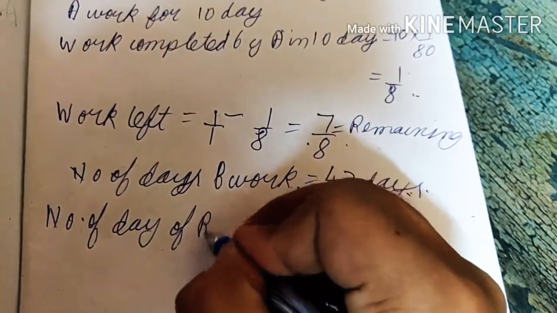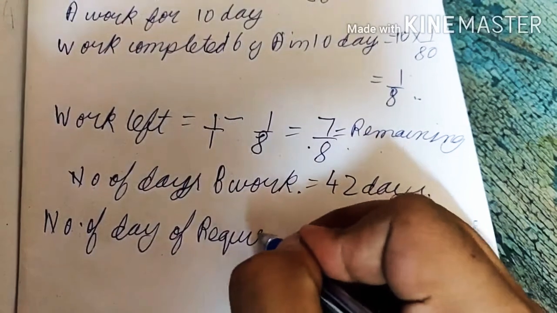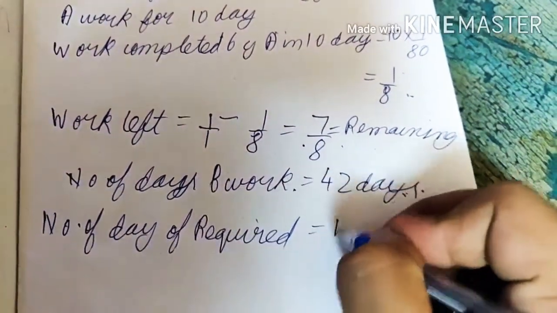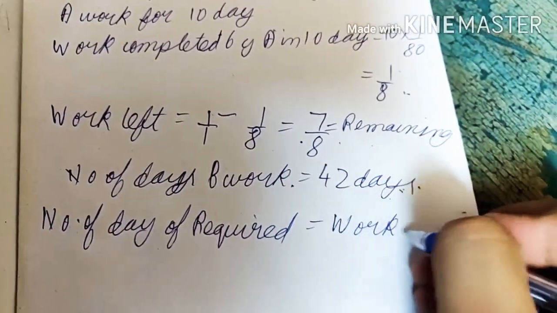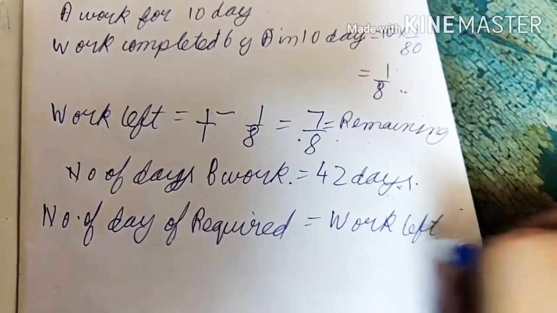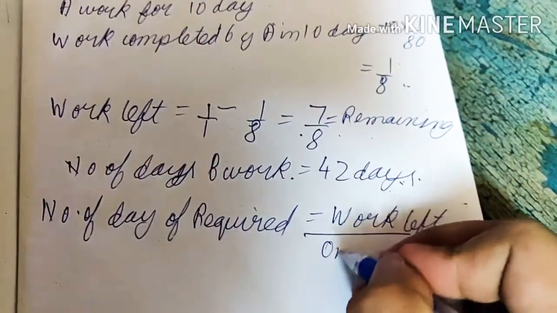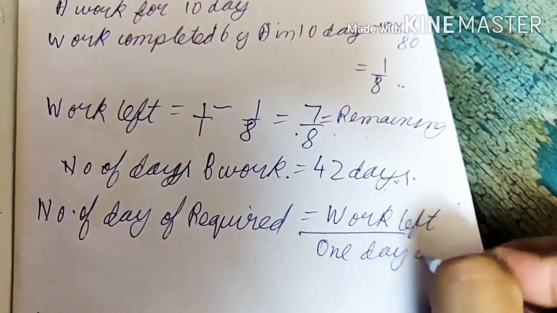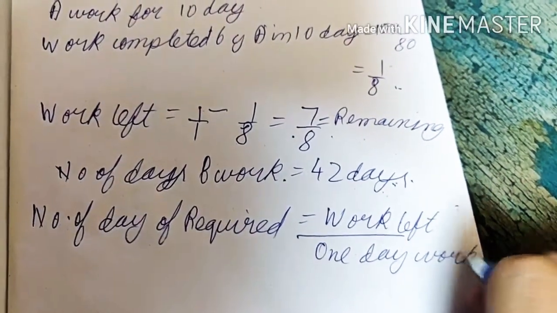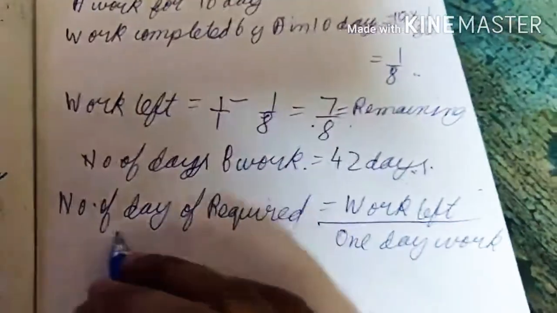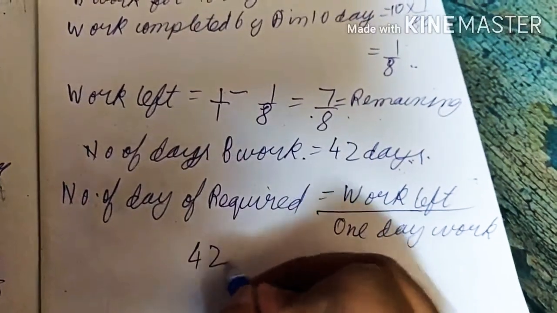Number of days required is equal to work left upon 1 day work. We don't know B's 1 day work. So number of days B takes was 42.